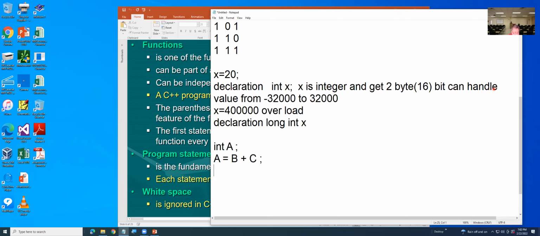White space. A equal, and you're supposed to type B plus C. That will be in the program.